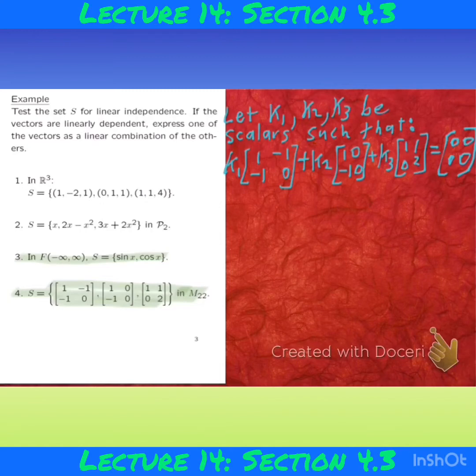Okay, so how do we, well, we can quickly see, if you look by inspection here, there's a 0, there's a 0, there's a 2, and there's a 0. So we can quickly go and solve for K3.